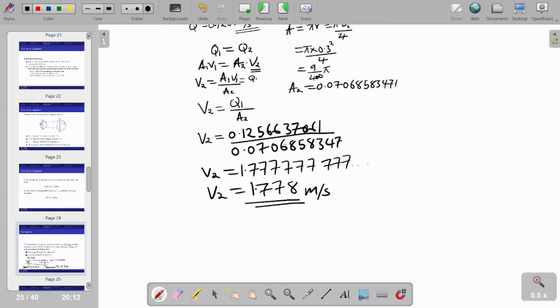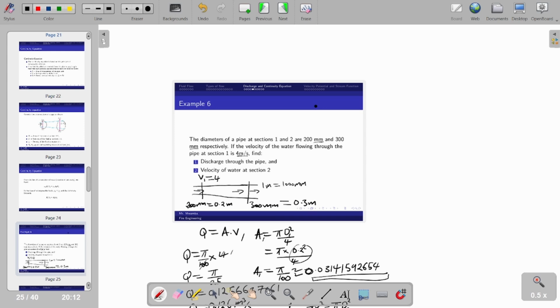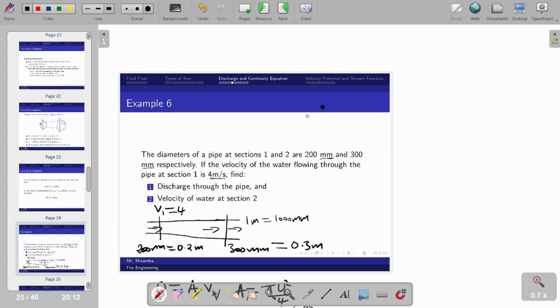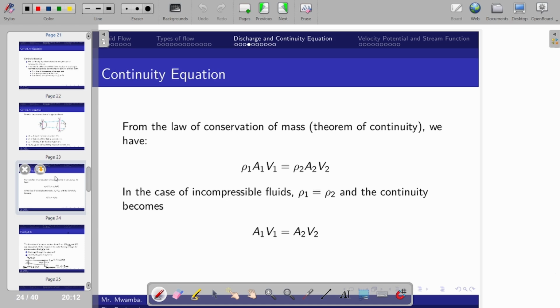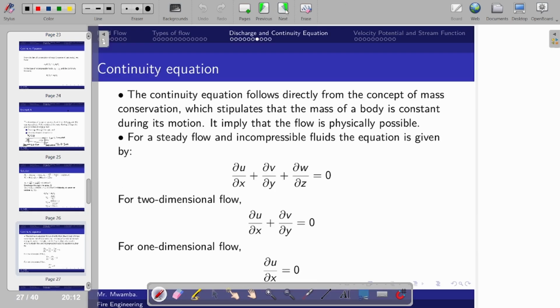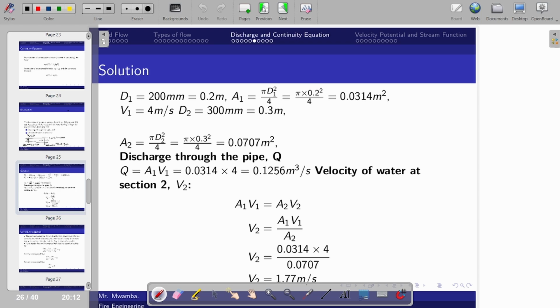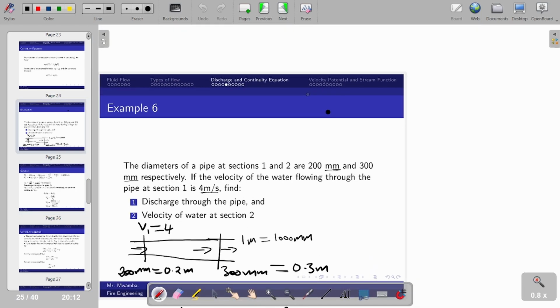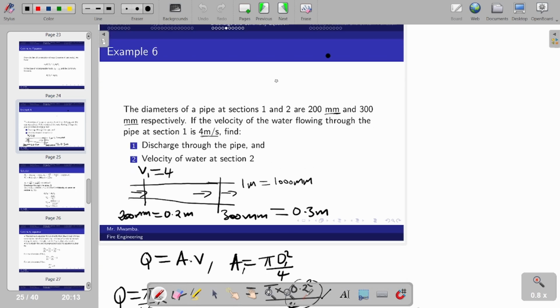Okay, let us go back to our slide. This was our problem and we just finished solving it.